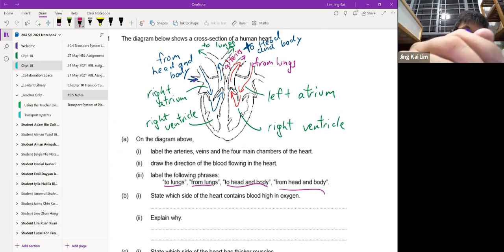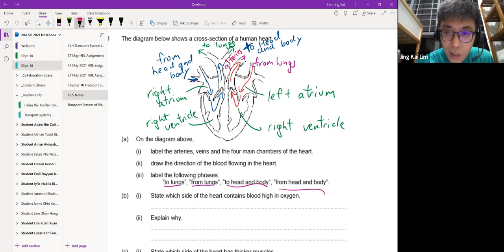The blood vessels that carry the blood to the heart is called the vein. So this is the vein, and these two are the veins. With that, we have answered part A.